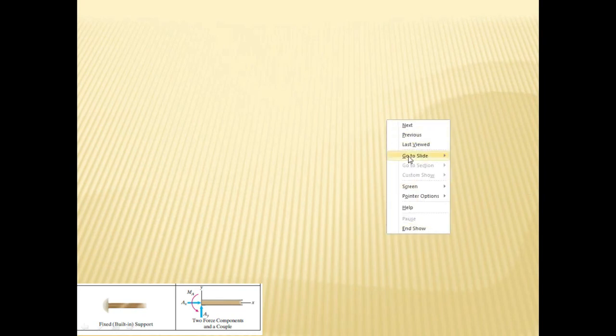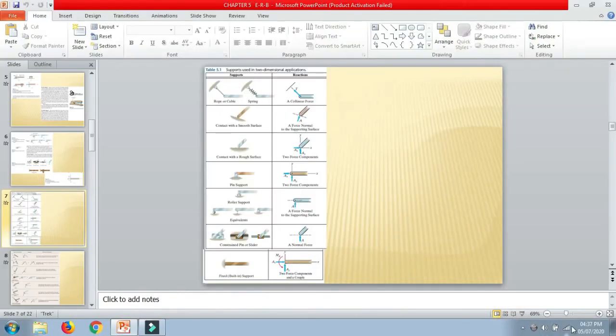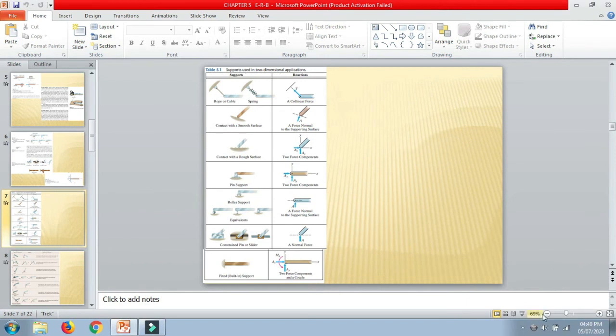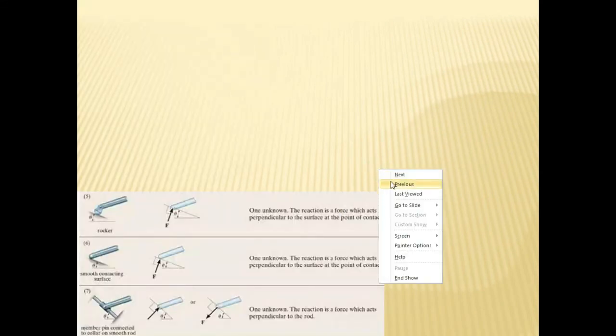They are being generated. So these are the supports which are used in two-dimensional applications.